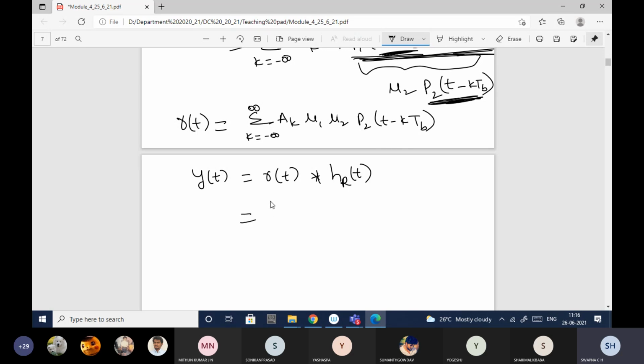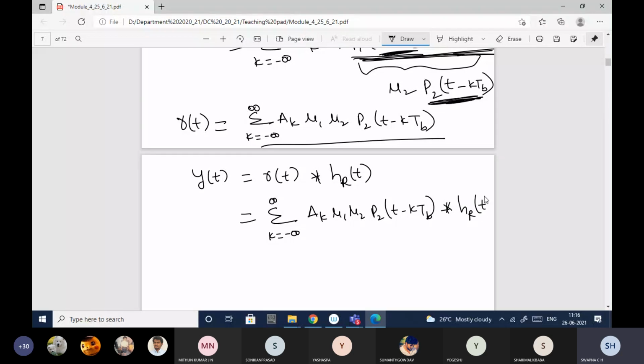Now in place of r of t I have this function, and let me write it as summation k equals minus infinity to plus infinity a_k mu_1 mu_2 p_2 of t minus kT_b, convolved with h_r of t. When you convolve these two, I'll get some function.